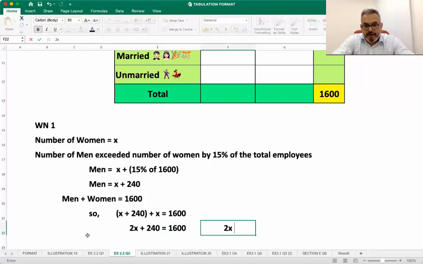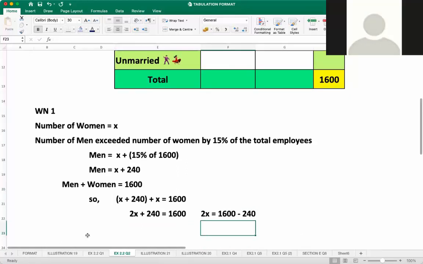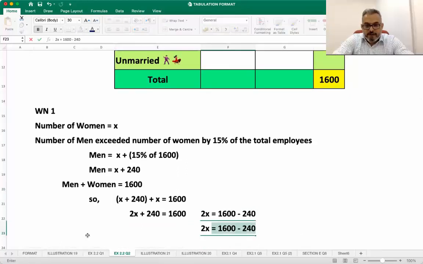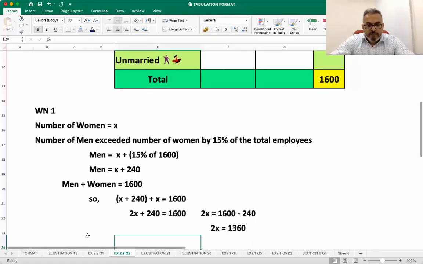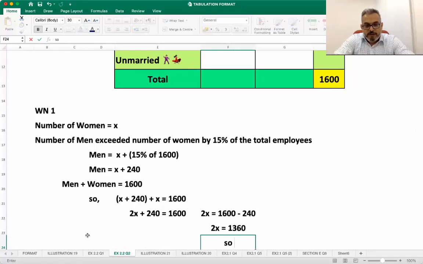So 2X is equal to 1600 minus 240, 1360. So 2X is equal to 1360. So X is equal to 680.